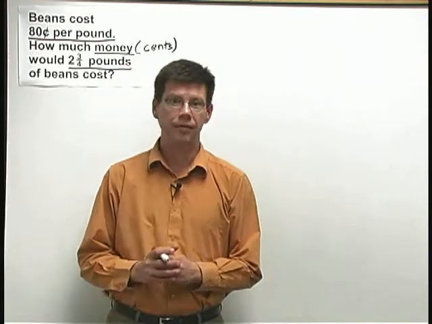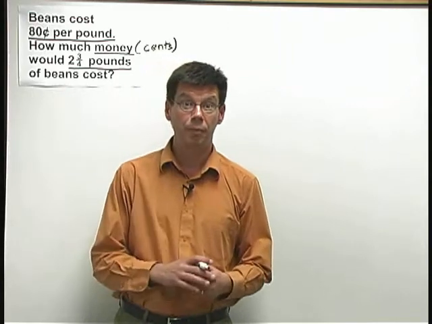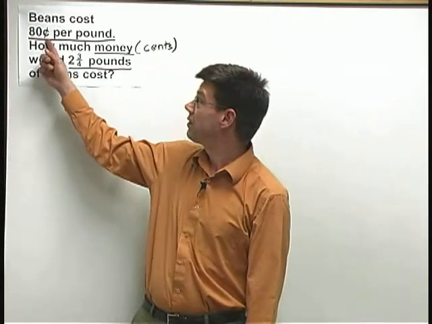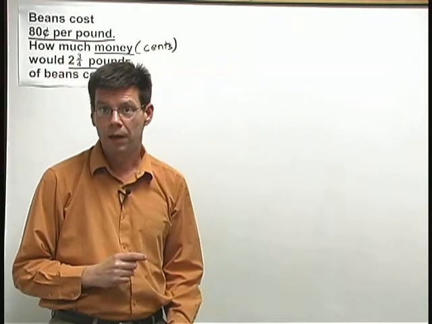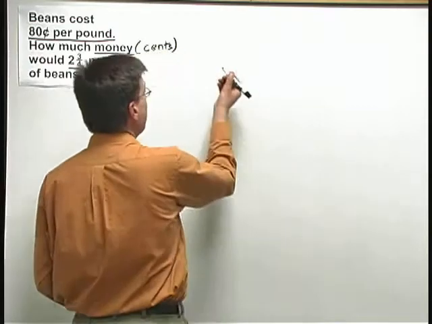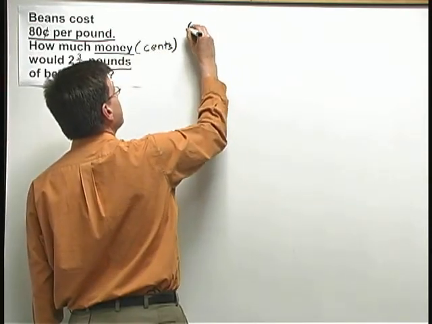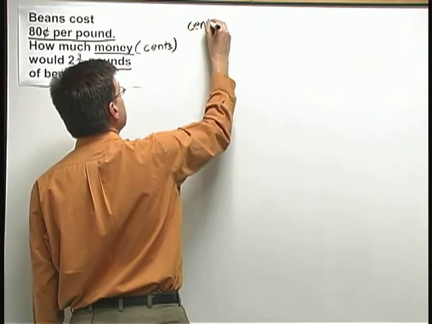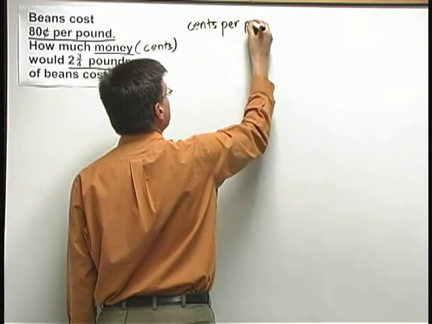I want to think about that rate without the number attached, just cents per pound. Remember, the cent sign stands for the units in front of the per. I prefer to write out the word cents so that my rate can be written as follows: cents per pound.